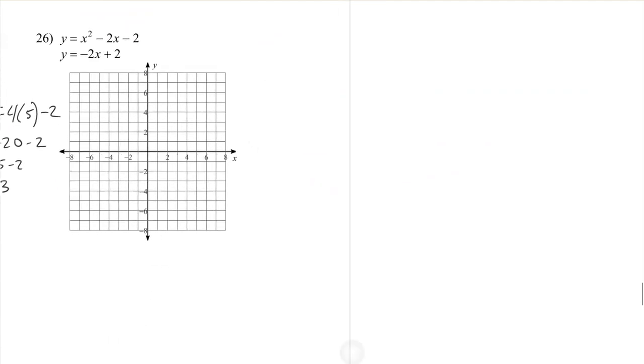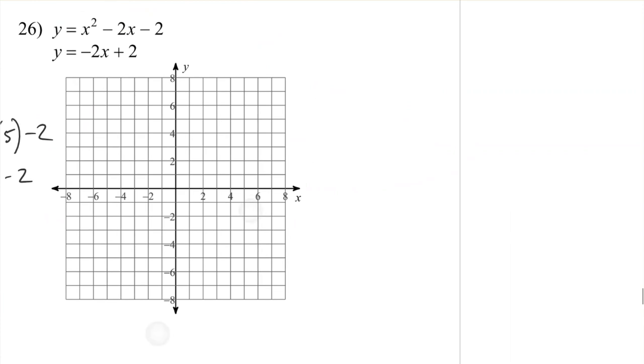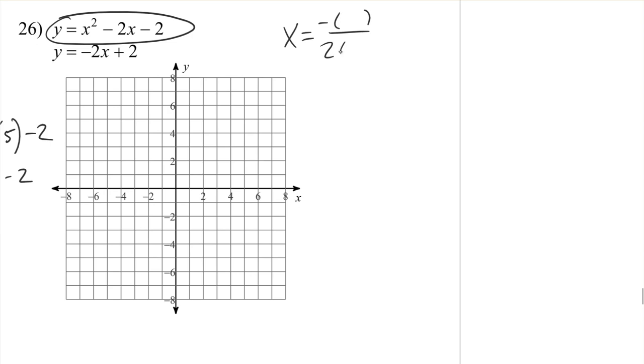26. Same idea. x equals negative b over 2a. Negative 2 over 1. Two negatives, it's a positive. 2 over 2 makes 1. x equals 1 is our axis of symmetry.